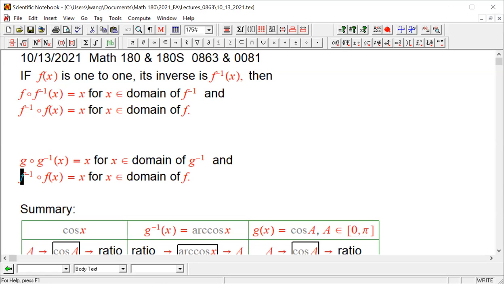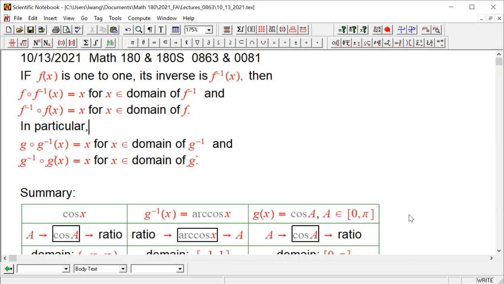So G replaces F because it applies to G in our situation. In particular, in our case, it works for G. For X in the domain of G inverse, and correspondingly the domain for G.